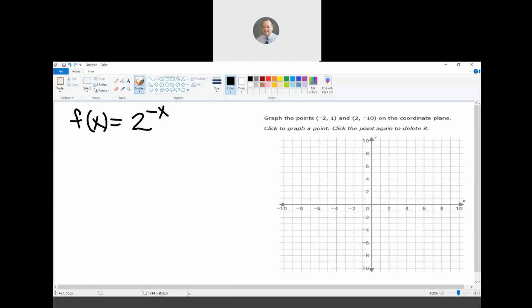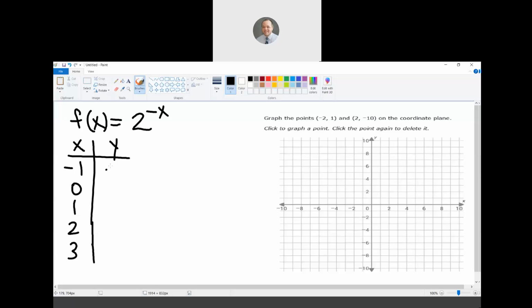You still pick values for x to plug in to find your y values. We can actually use the same numbers. And I'll add an extra number just for accuracy.